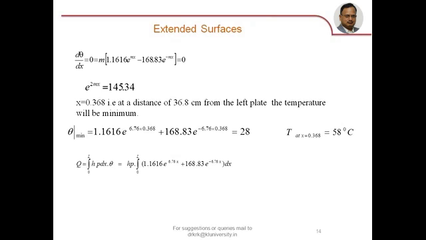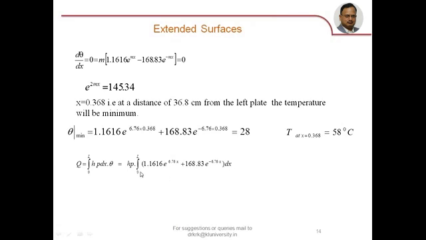That delta T is theta, and the area of that elemental strip is perimeter into dx, where theta is again the same equation, 1.1616 e power mx 6.76x plus 168.83 e power minus mx dx.